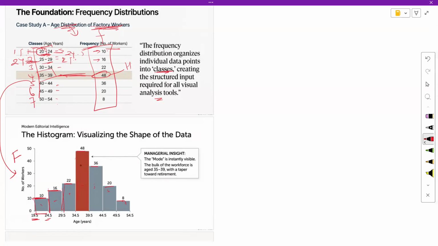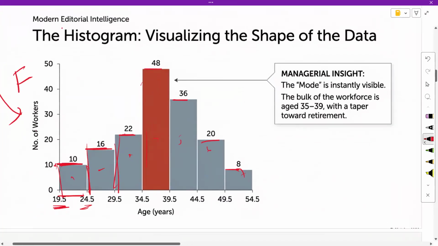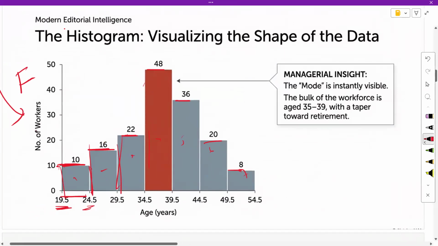Now you can realize, it's very easy to locate which age group is most frequent. The tallest rectangle is the mode, instantly visible.